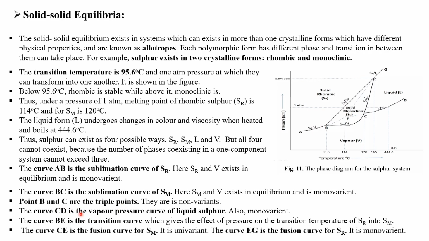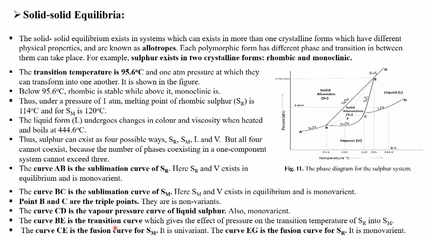The curve CD is the vapor pressure curve of liquid sulfur, because here we have the liquid phase and this is the vapor phase. So, CD represents the vapor pressure curve of liquid sulfur, and this is also monovariant.